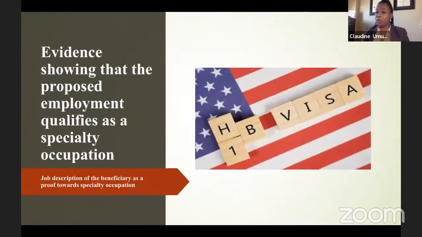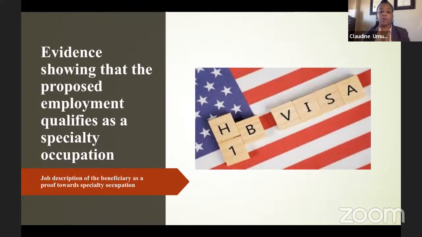Now, we already know the H-1B is not for everyone. It's for people with specialty education, right? So you have to provide evidence that your employee, or you, the foreign national who needs the H-1B, qualifies for this type of work visa.